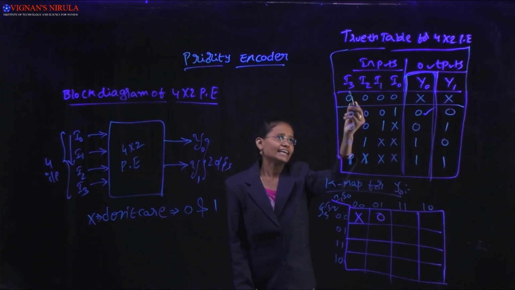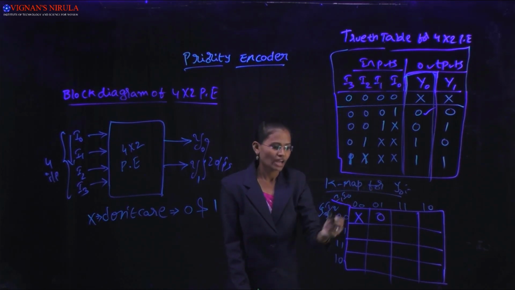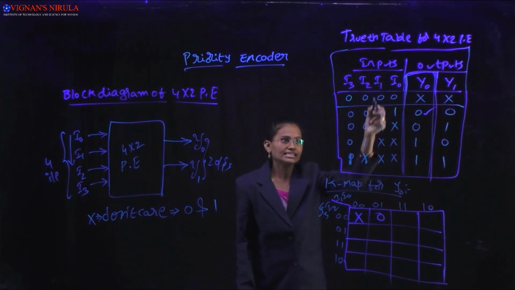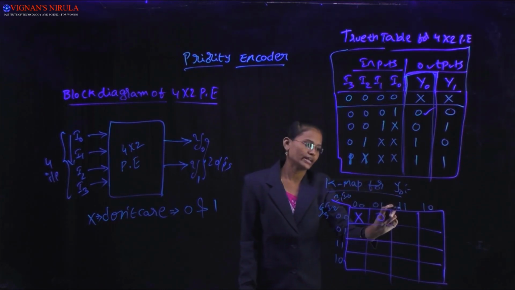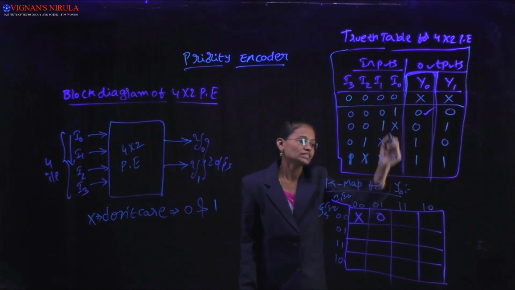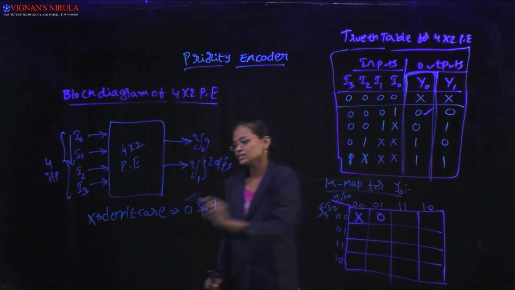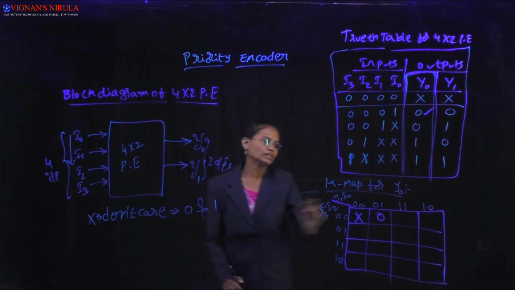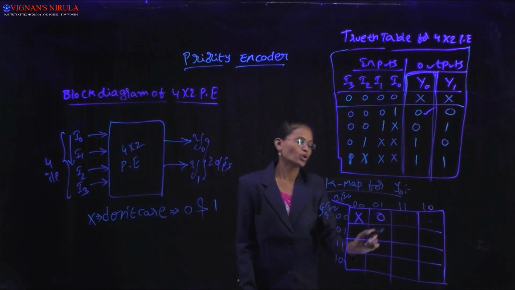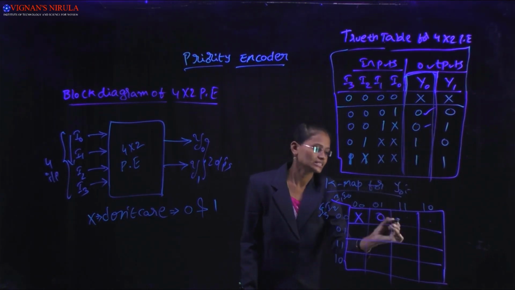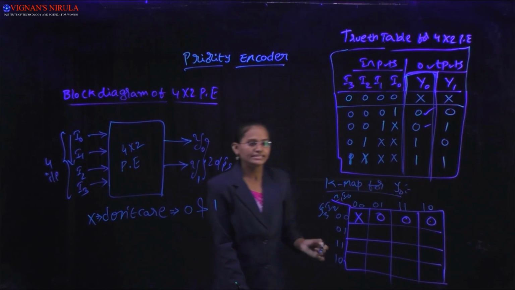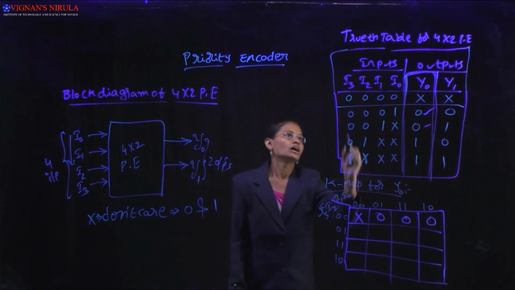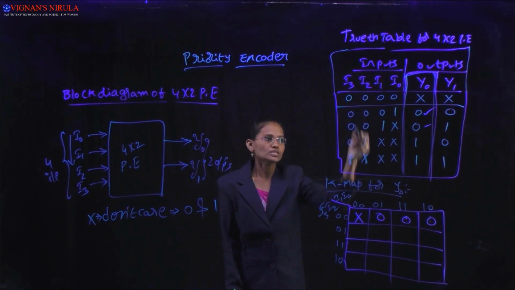Next I3 is 0, I2 is 0, and I1 is 1, and I0 is don't care. Don't care means either 0 or 1, so both cells are zeros. Next I3 is 0, I2 is 1.